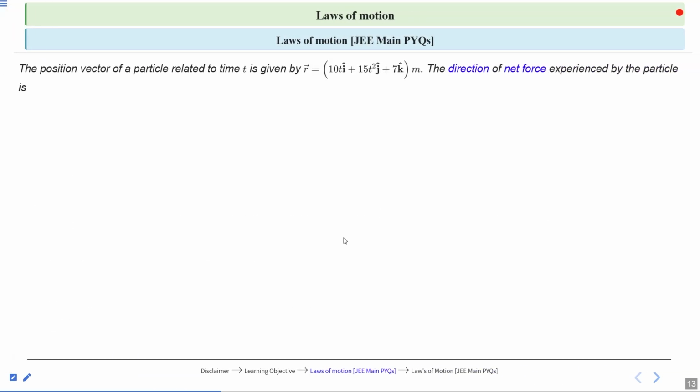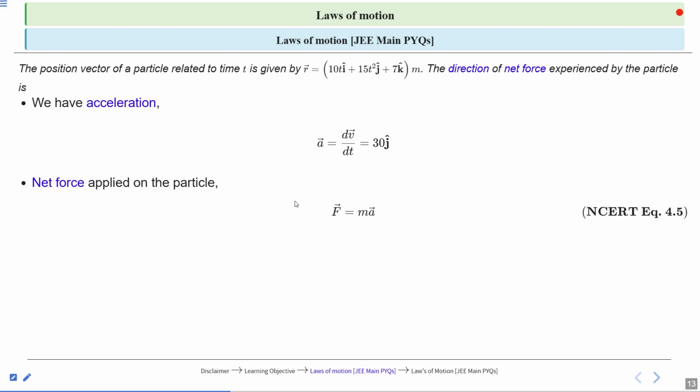Here we have acceleration, and that is 30 j cap. Now what is the net force applied on the particle? The net force F is equal to mass into acceleration, and this is Newton's second law.